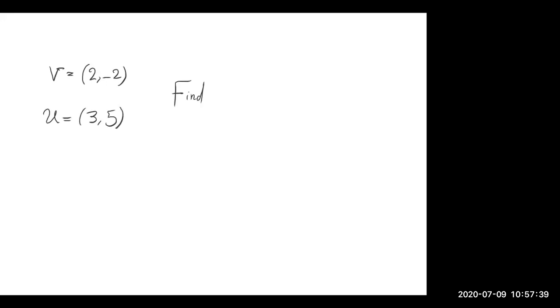Find the angle between u and v. You can compute that now. I would give you 1 or 2 minutes to compute this. It is important, so it's better to do it yourself. Just go and get a piece of paper and a pen and compute that. Okay, I would wait.